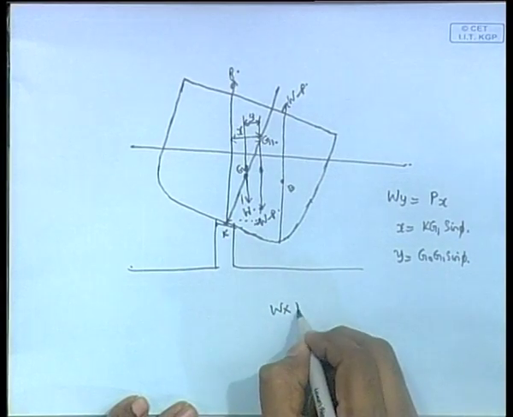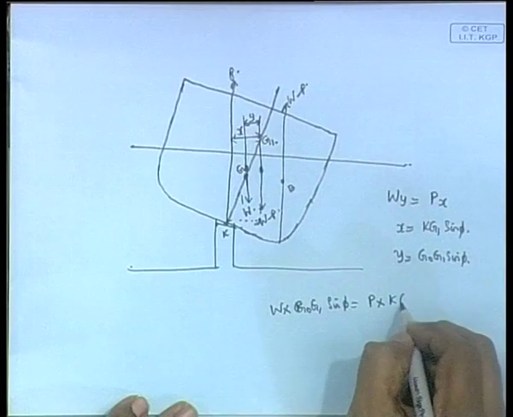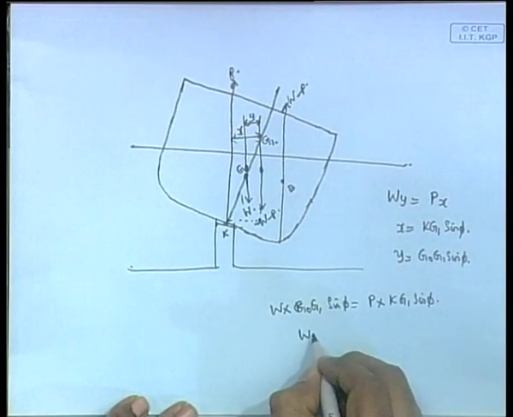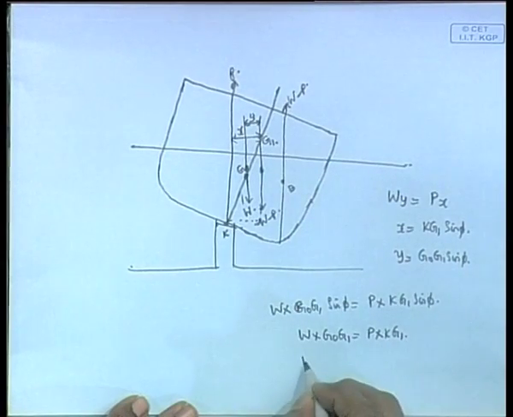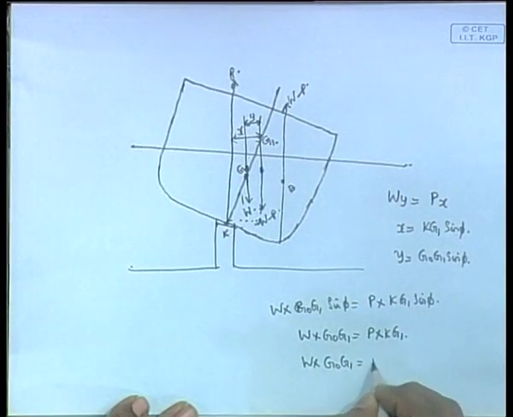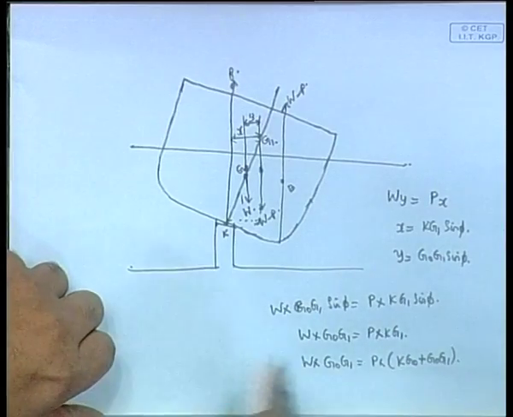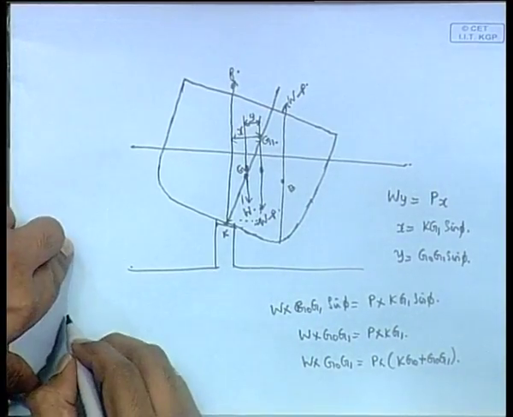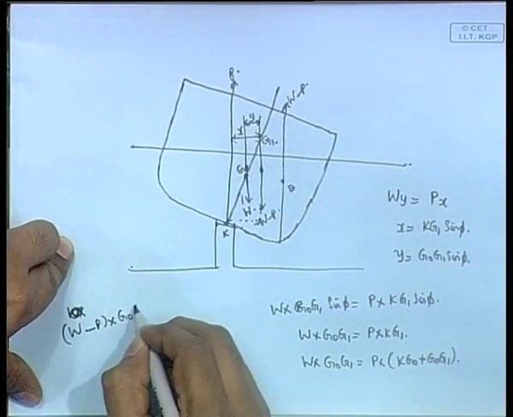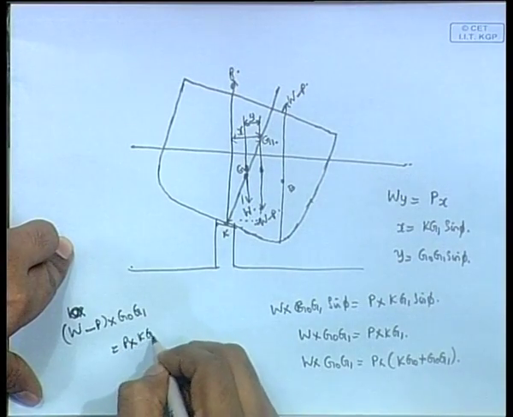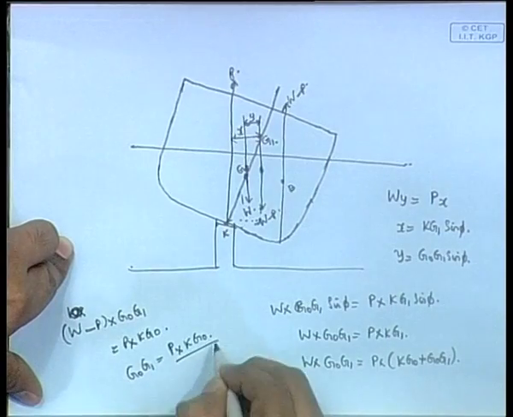Therefore W into G0G1 sin phi equals P into KG1 sin phi, or W into G0G1 equals P into KG1, W into G0G1 is equal to P into (KG0 plus G0G1). Therefore I will bring the W minus P into G0G1 equals P into KG0. Therefore G0G1 is equal to P into KG0 divided by W minus P.